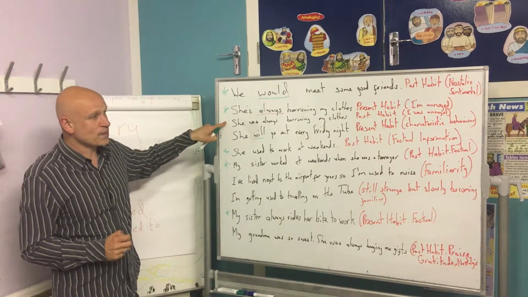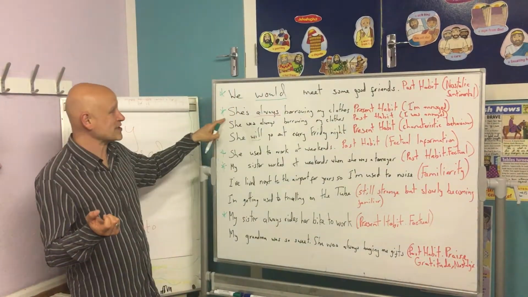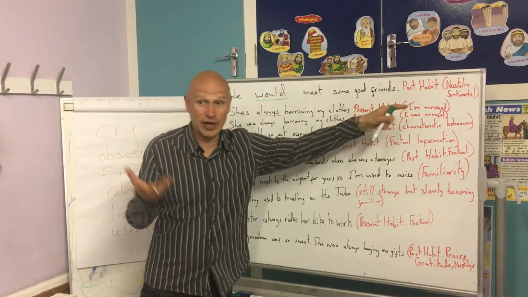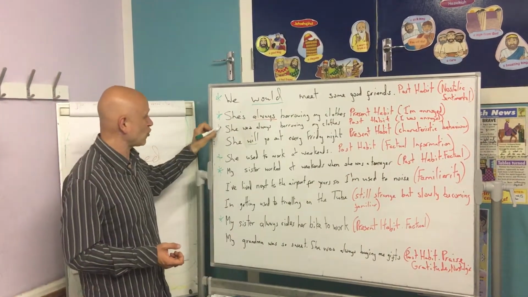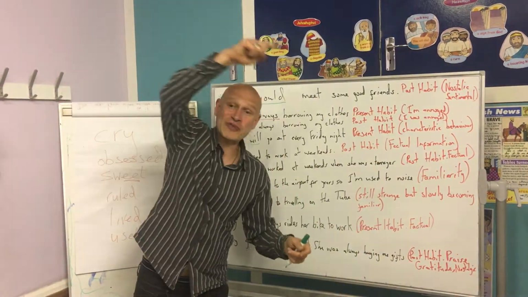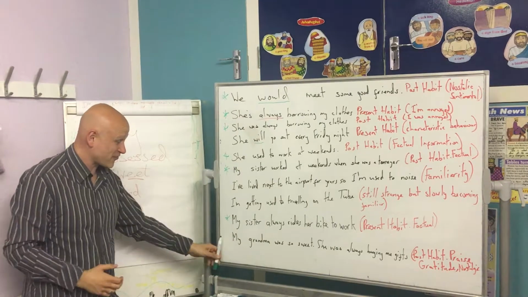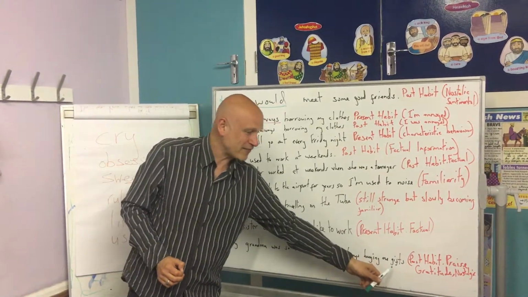You can also use past habit to show that you were annoyed. So here's the present habit, she's always borrowing my clothes and I am annoyed. She was always borrowing my clothes and I was annoyed. However, because we show one extreme, we can show the other extreme, as we got right at the very end. My grandmother was so sweet, she was always buying me gifts.